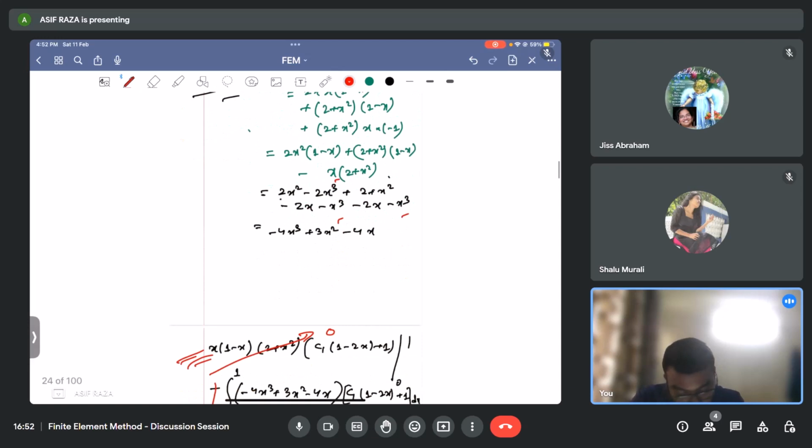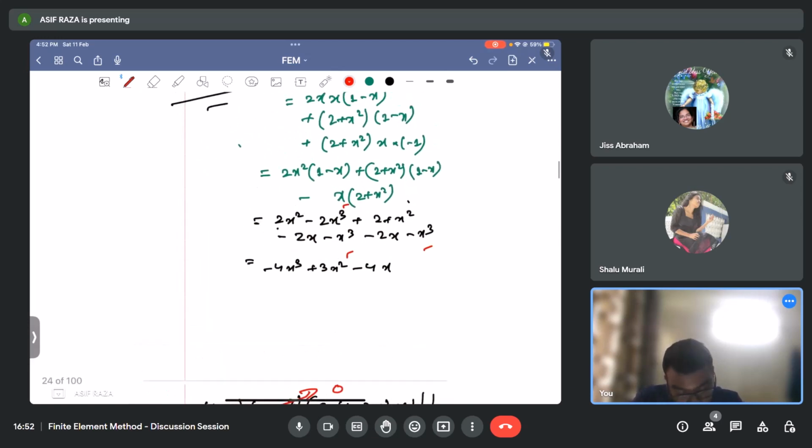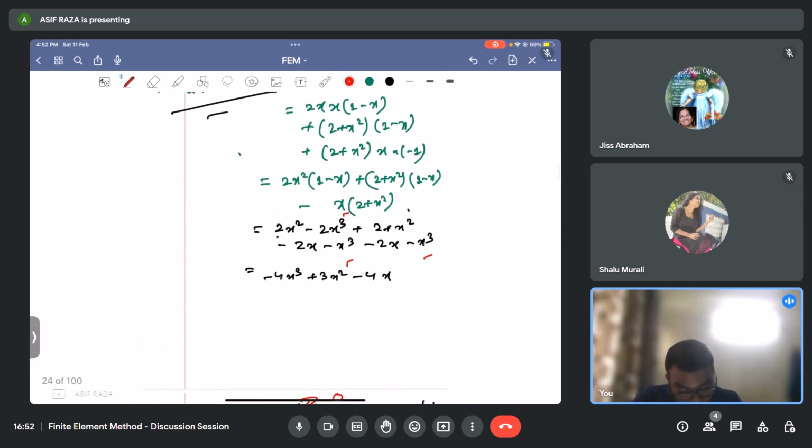So this will be equal to minus 4x cube plus 3x square minus 4x. Oh, I missed here plus 2, this one.